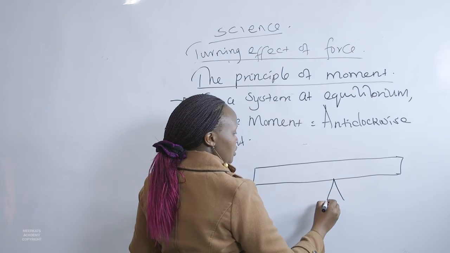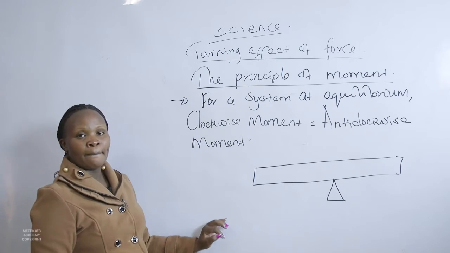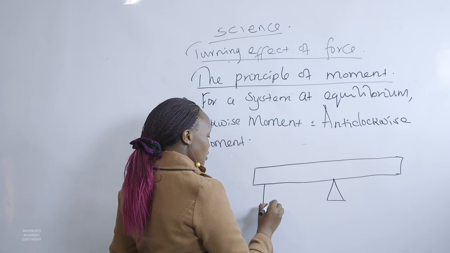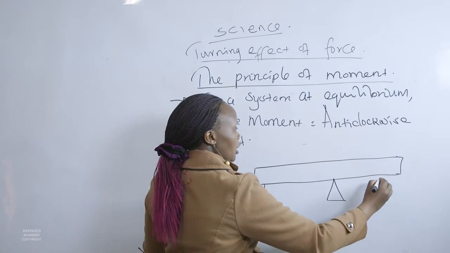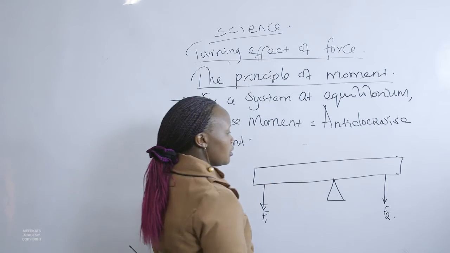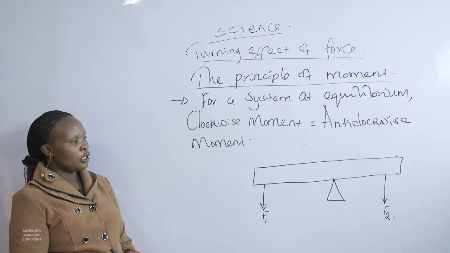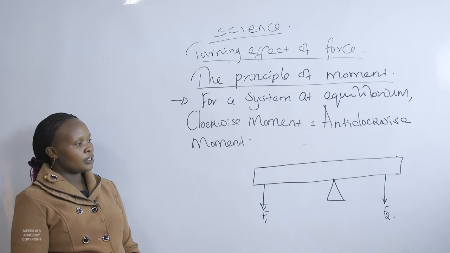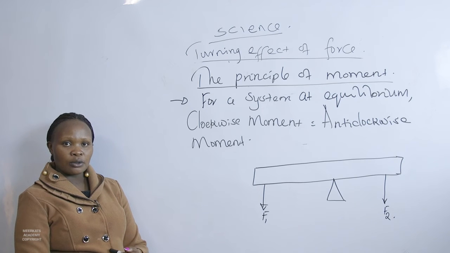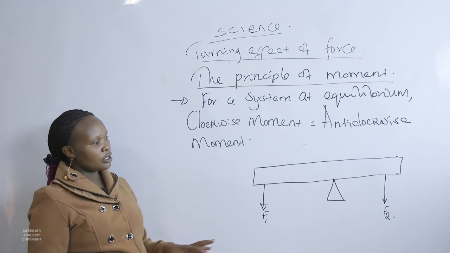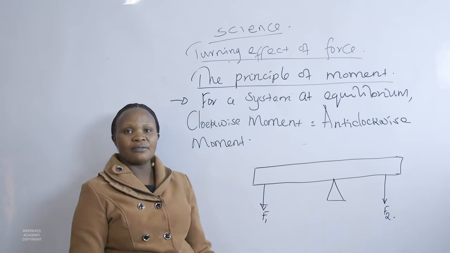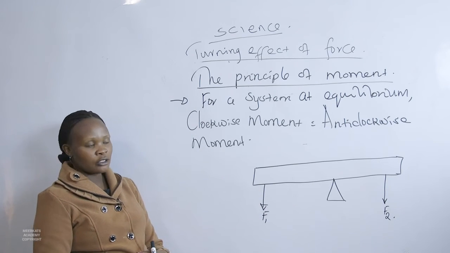Place the pivot somewhere at the center and put two forces, F1 and F2, on either side of the pivot. Now, each one of these forces is going to have its own moment about the pivot. But there is also that factor of the direction of action of the force.